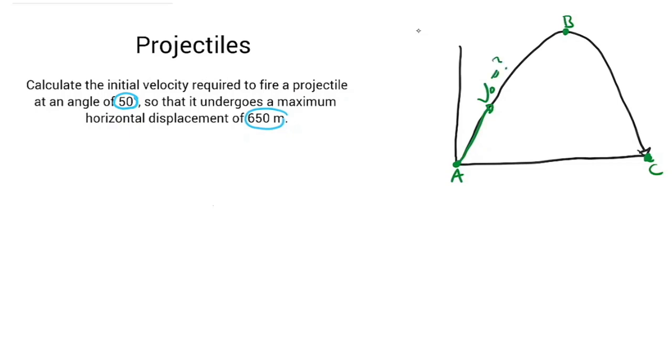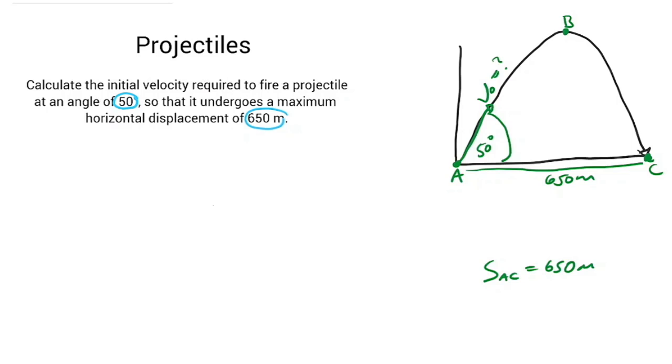This projectile made an angle of 50 degrees. They said the distance to here is 650, which means SAC is equal to 650 meters.